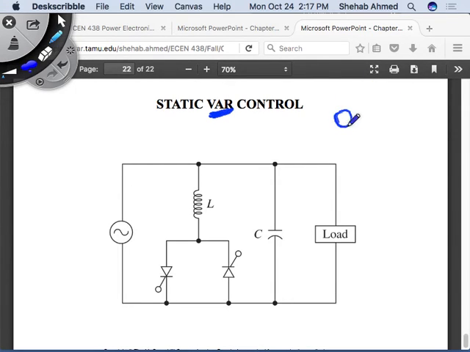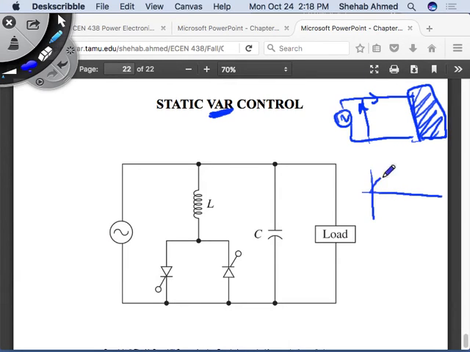If you have a source here and a load, the voltage between these two nodes and the current through this line will either be in phase or they will be out of phase to a certain extent, depending on the reactance of the load, right?